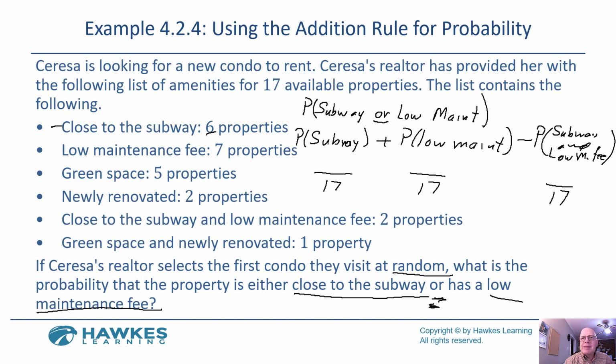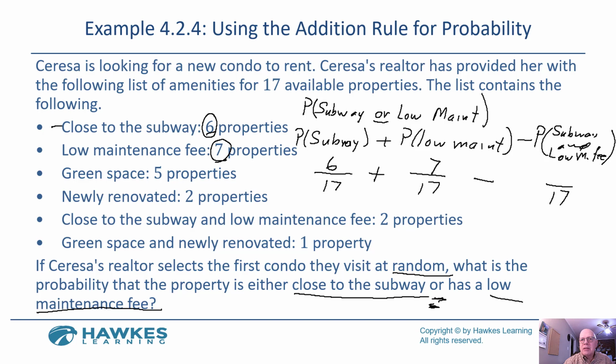Now how about close to the subway? Close to the subway, there's 6 properties. So this will be 6/17 is the probability that the random property is close to the subway, plus, got the addition rule. Now, low maintenance fee. 7 of the properties have low maintenance fee, so that'll be 7 out of 17. And are there any that are near the subway and have a low maintenance fee?